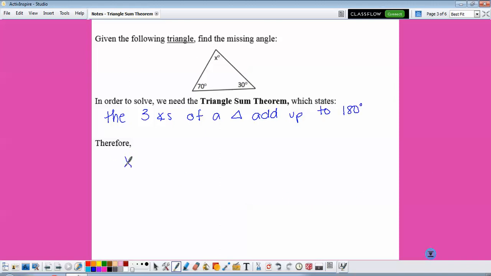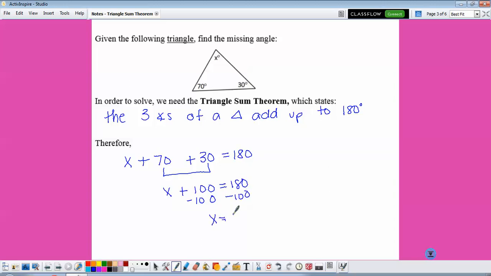So we know that x plus 70 plus 30 has to equal 180. Combine like terms, x plus 100 equals 180, and if we subtract 100 on both sides, we find out that x is 80 degrees.